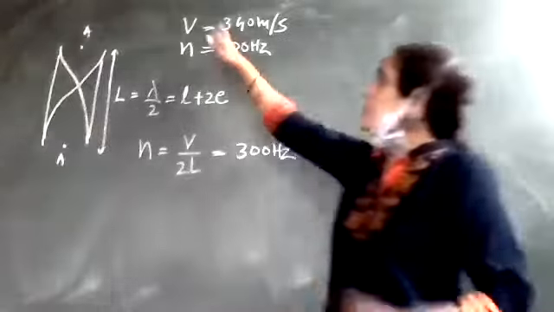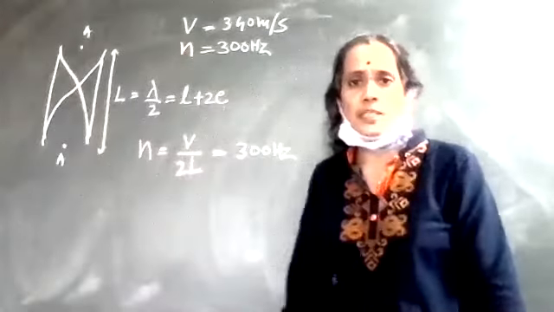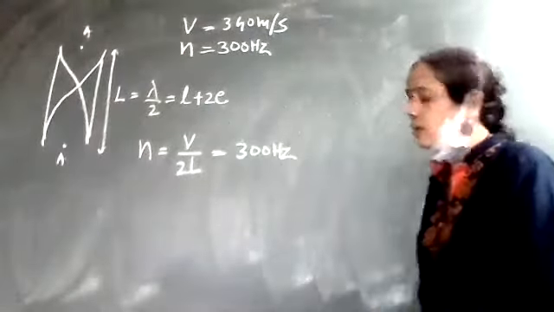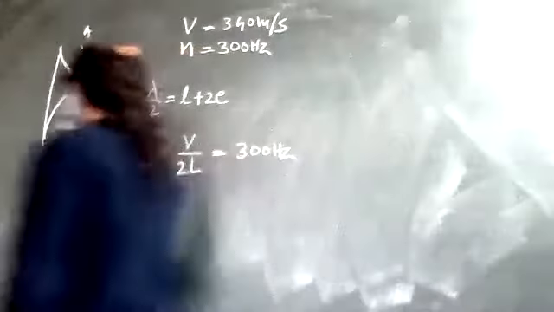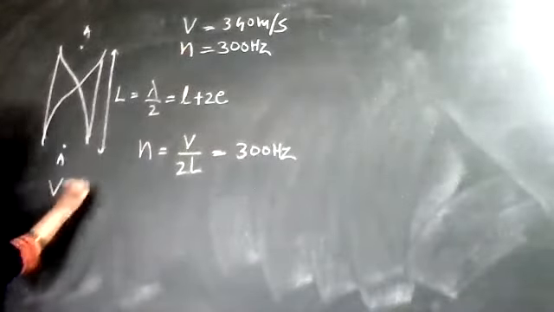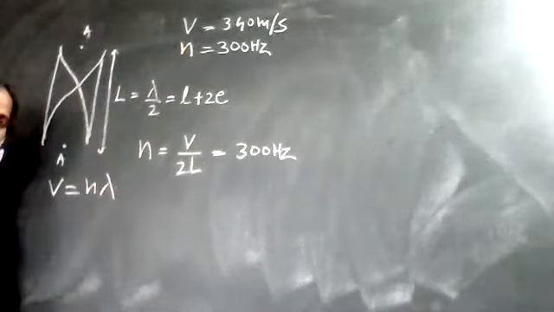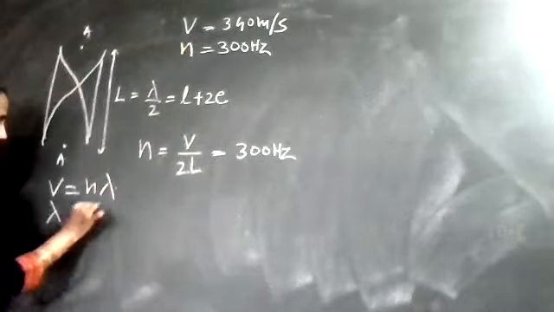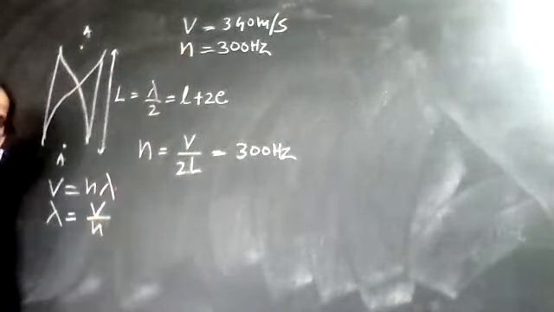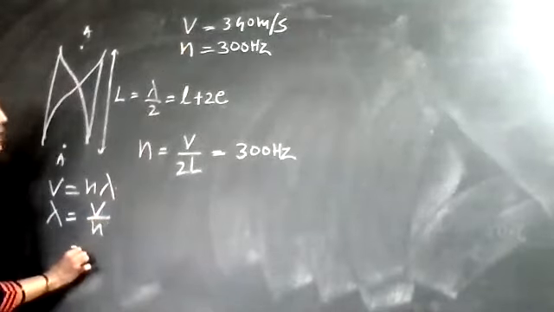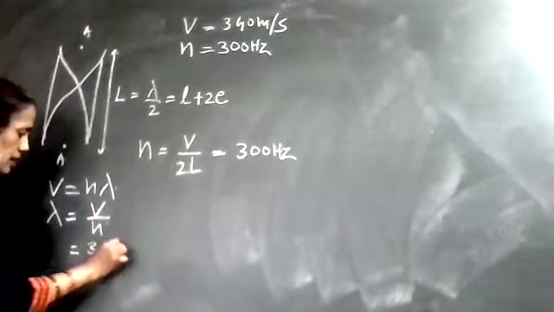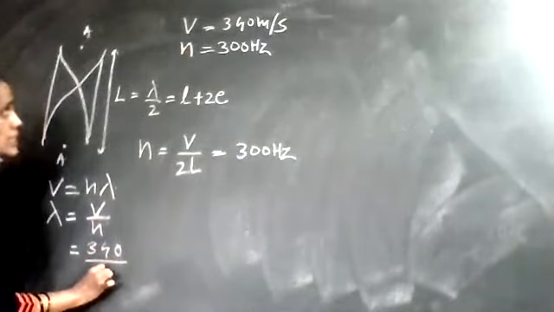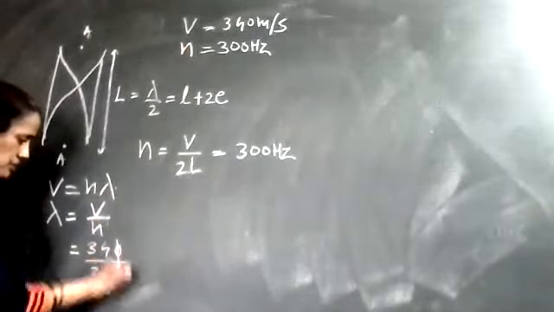Now the speed of sound is given and frequency is given, so I can use the famous formula V is equal to n lambda. From that, lambda is equal to V by n. V is 340, upon frequency 300 Hz.